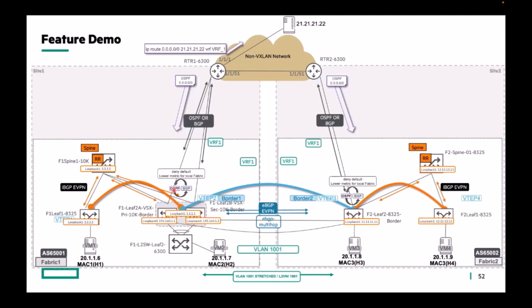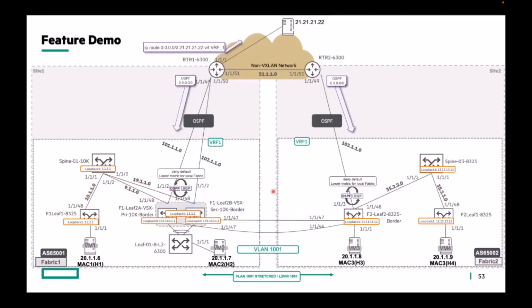All right. These are the most important things, and the other stuff I've already highlighted, on how we are doing the lower metric, the route maps, the distribute list, the distance. All of that is already in place. The next slide, I have tried to remove the extra lines just to highlight the subnets between the links, so that you understand the outputs that we have. 101.1.1 network from primary to router 1, and from secondary to router 1 we have 102.